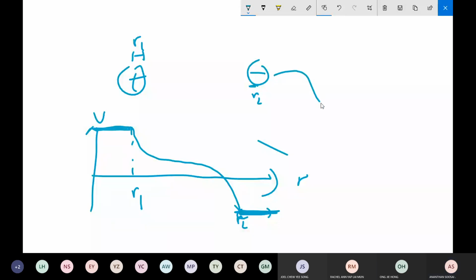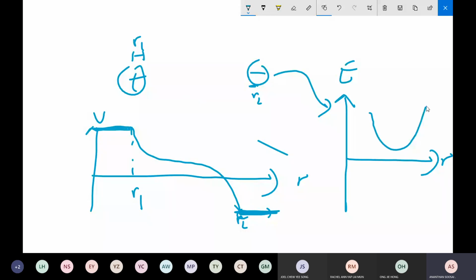Okay. If you plot electric field strength versus R, the graph is going to be like this. At R1 the electric field strength should be, this is a combination of both.